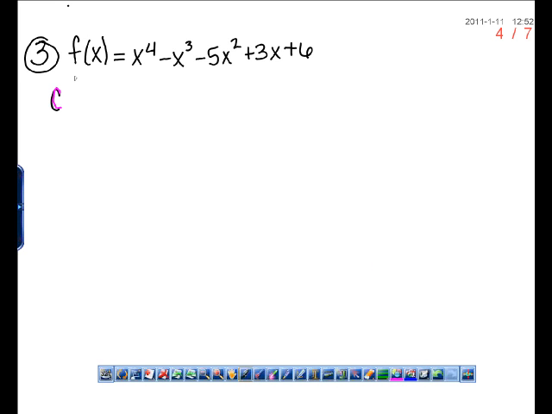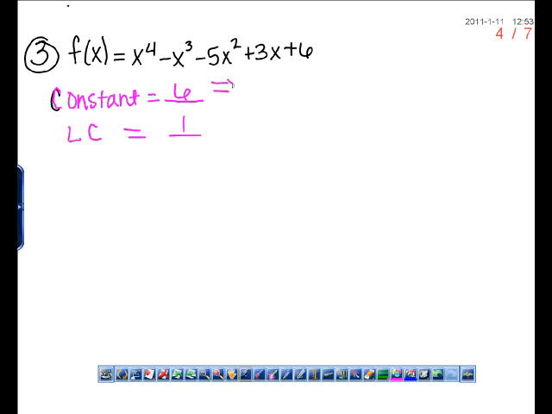So it's P over Q, factors of the constant over factors of the leading coefficient. What is my constant? 6. It's this number that has no x's with it. What's my leading coefficient? 1.